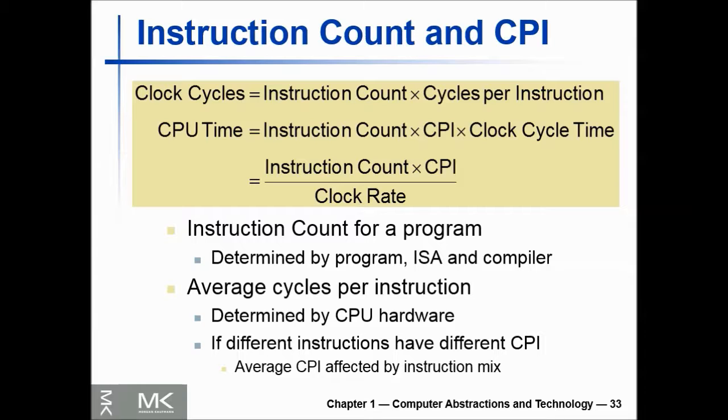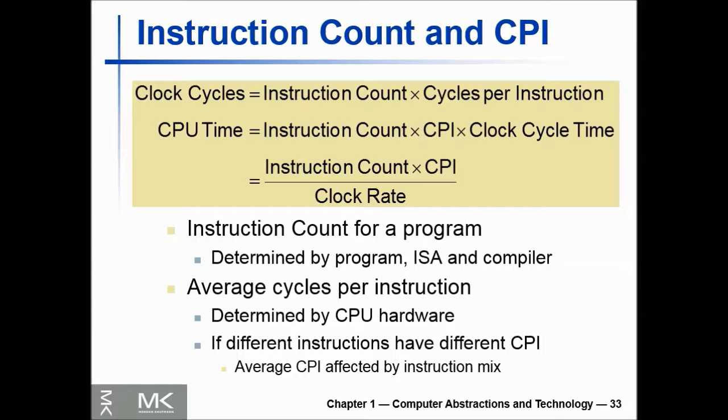Execution time is equal to the number of instructions executed multiplied by the average time per instruction. Therefore, the number of clock cycles required for a program can be written as CPU clock cycles equals instructions for a program multiplied by cycles per instruction.